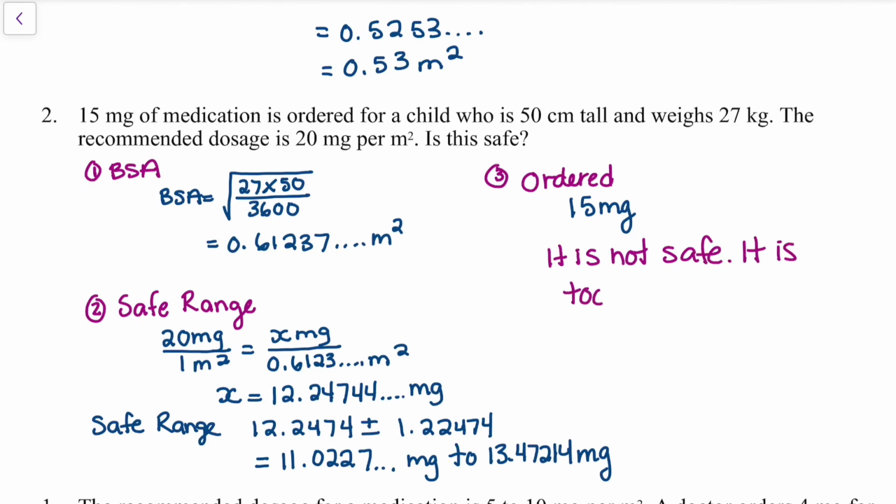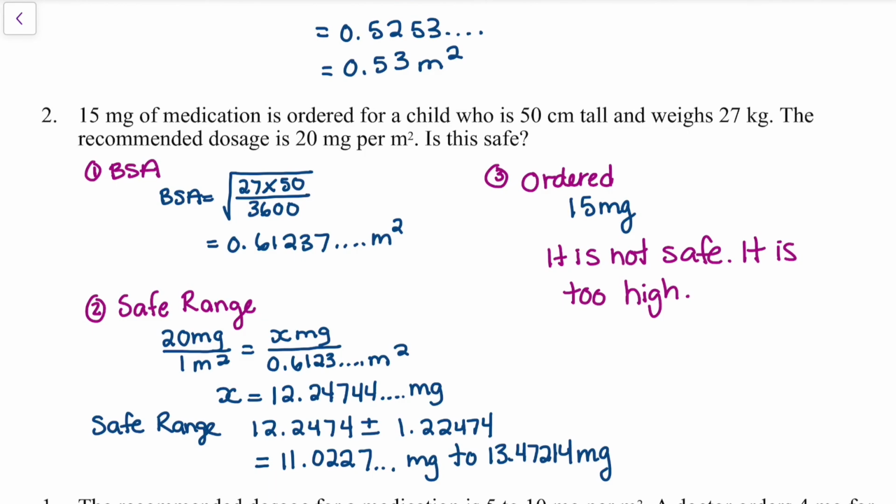It is too high. So in terms of rounding for this question, because we're not given a particular syringe that we're using if it was a liquid or a particular number of tablets or capsules, there's not a given amount that we have to round to.